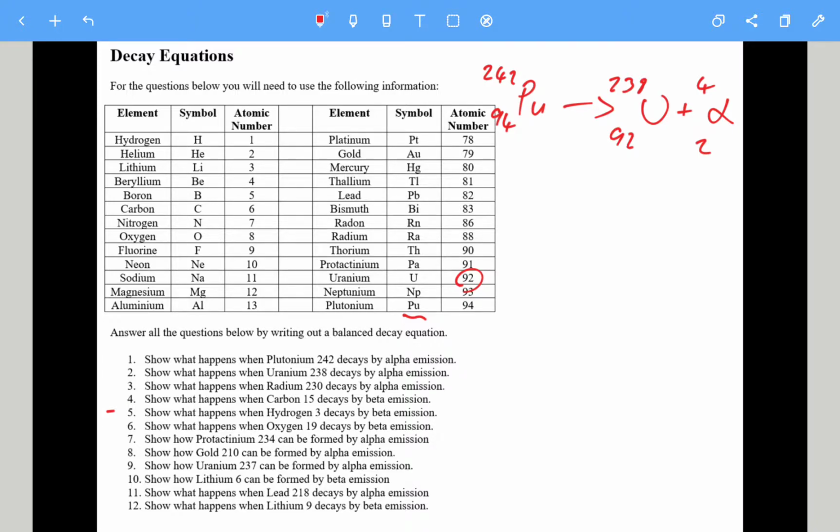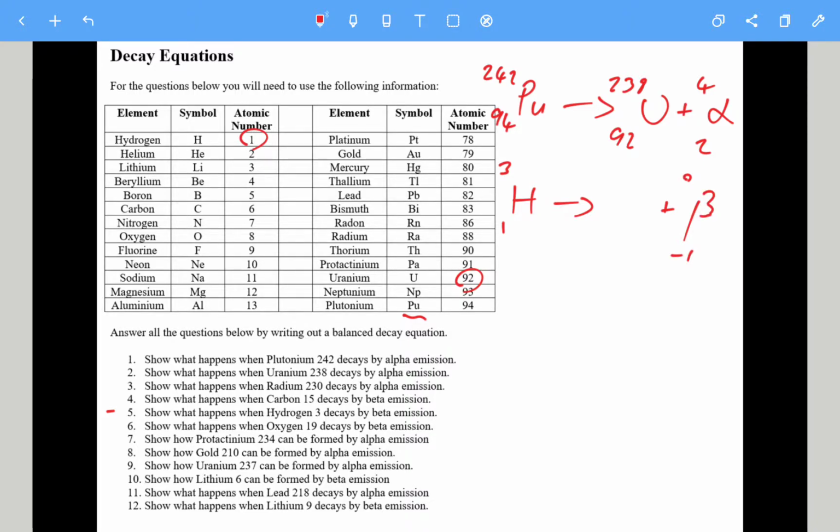Number 5 says, show what happens when hydrogen-3 decays by beta emission. So hydrogen-3 has mass number 3, and hydrogen has an atomic number of 1. That's the number of protons. And it decays by beta. If you remember from the previous lesson, lesson 6, we have beta, 0 and minus 1.